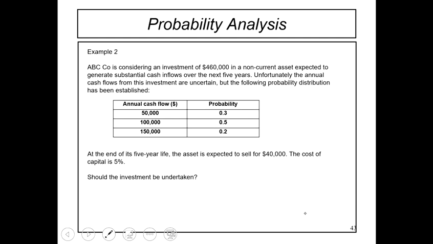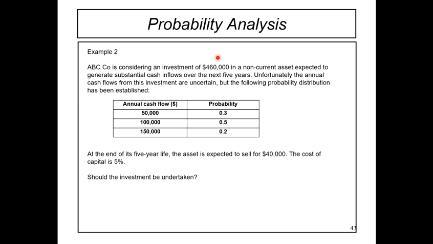So now let's take a look at example 2. Okay, dia kata ABC company is considering an investment of 460,000 in a non-current asset expected to generate substantial cash inflows over the next 5 years. Unfortunately, the annual cash flow from this investment are uncertain, but the following probability distribution has been established. Okay, so dia cakap kira yang 460 ni dia punya initial investment lah.